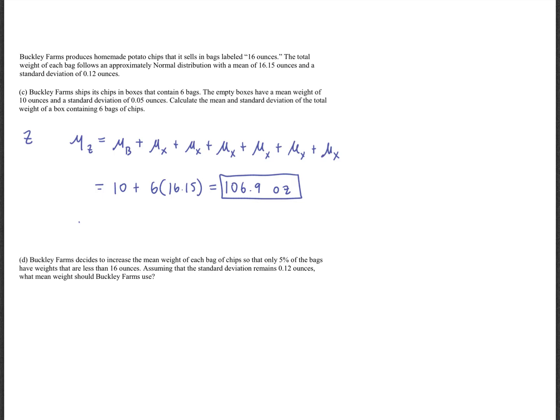Okay, and then the standard deviation of Z is a little different. So we'll do the standard deviation of the box squared, because we'll do variance. So we'll really add up all their variances. And this one I won't write them all out, but really you'd write out the variance the same way. But I'm just going to do 6 times the variance of the bag of potato chips.